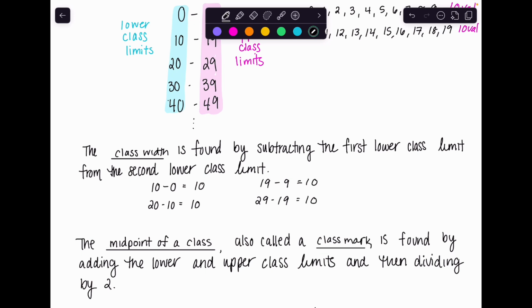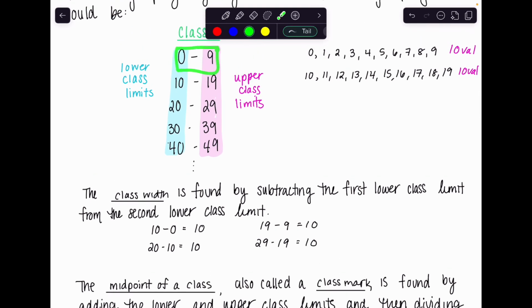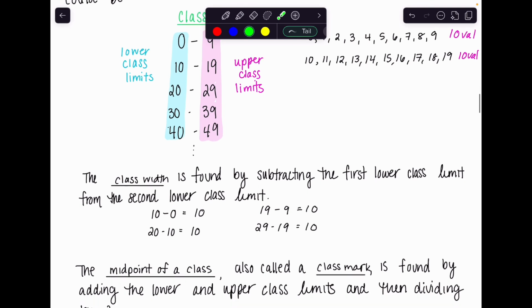It is found by taking the lower and the upper class limits, adding them together, and then cutting it in half. So basically, I'm looking for the number that's directly in the middle of these two. In this case, the class mark for 0 to 9 would be you add these together, divide by 2. So 9 divided by 2 would end up giving you 4.5. That's the age that's directly in the middle.